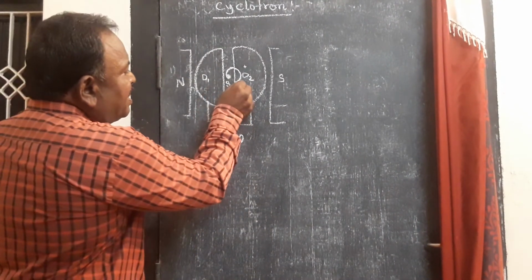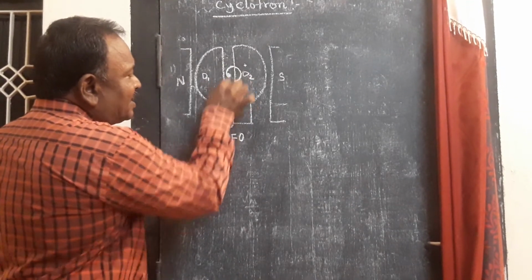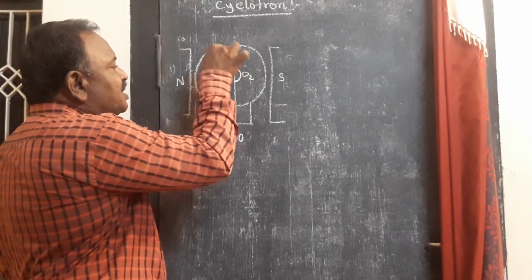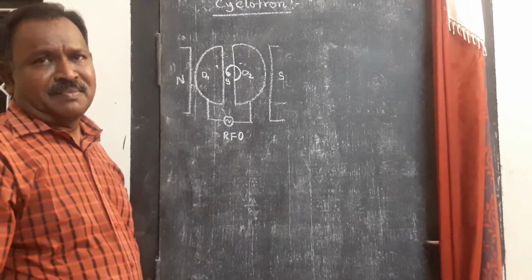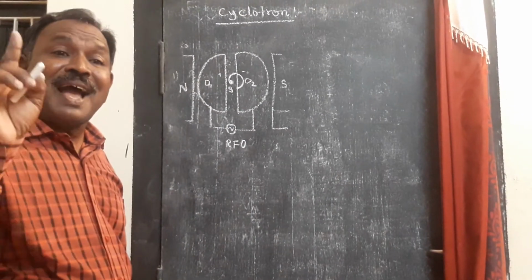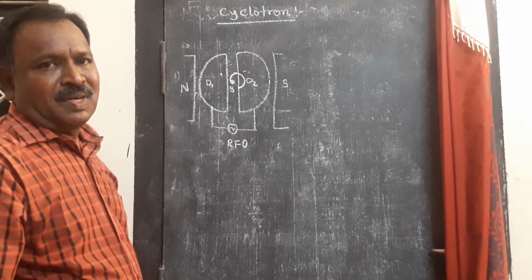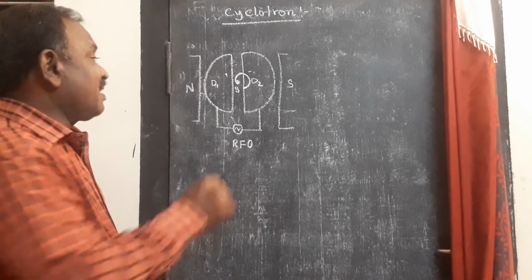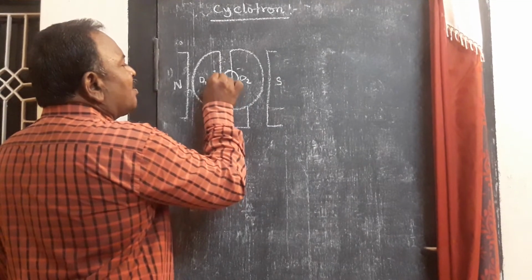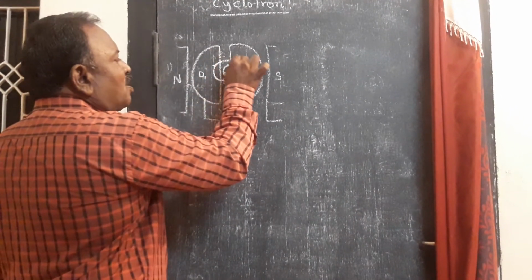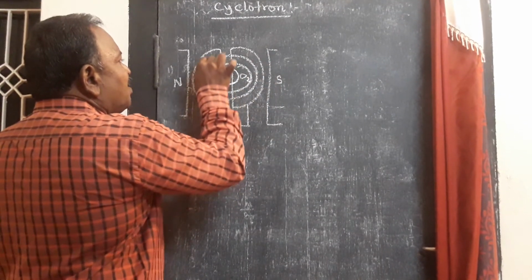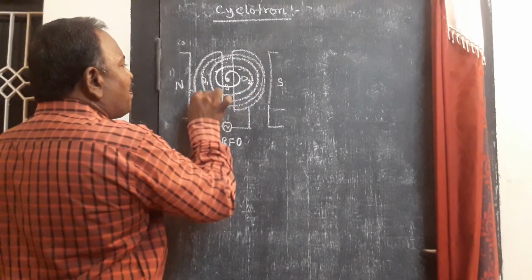As the charged particle reaches the gap, the polarity of the two Ds gets changed. This will become negative and this will become positive. So at the gap, the charged particle gets accelerated, attracted by the electric field. It begins to move in a circular path of larger radius. This process gets repeated, and the charged particle follows a spiral path.